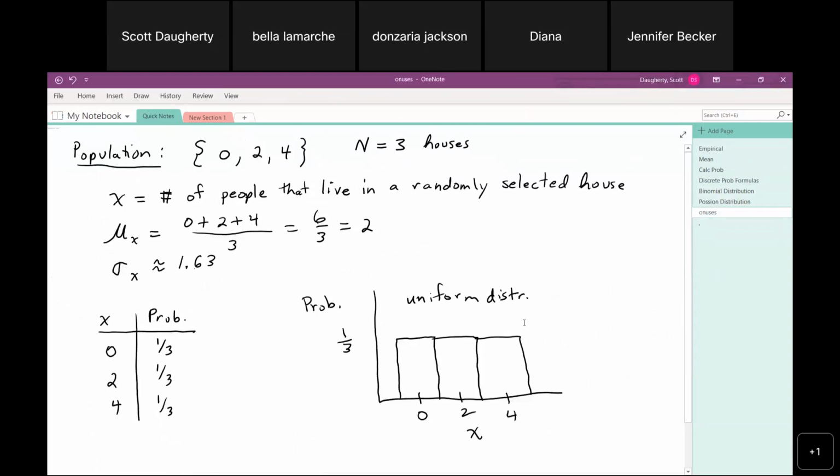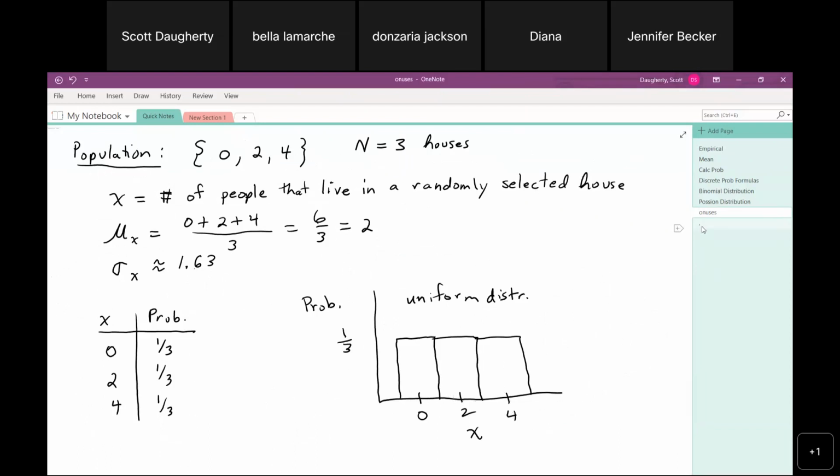I would argue, just based on looking at the picture, that there's more variation going on here. 0 happens 1/3 of the time, and 0 is 2 units away from the center. 4 happens 1/3 of the time. It's also 2 units away from the center.